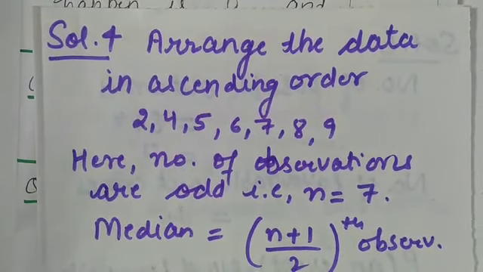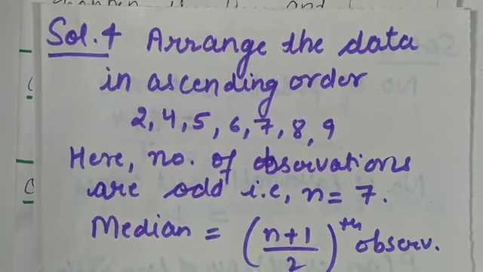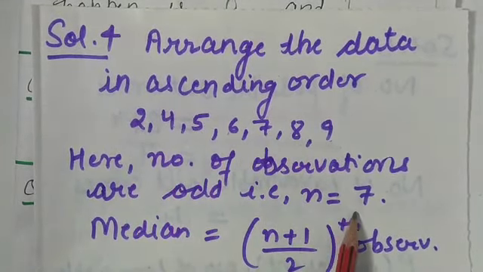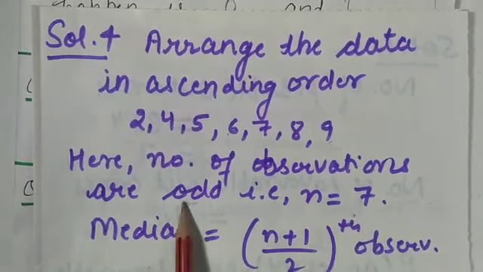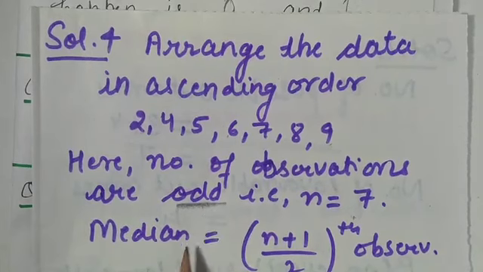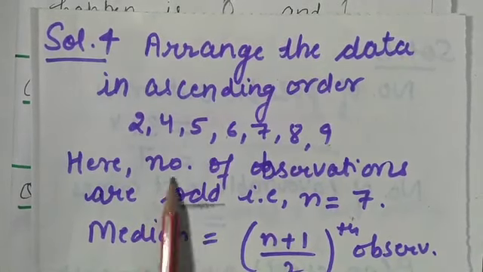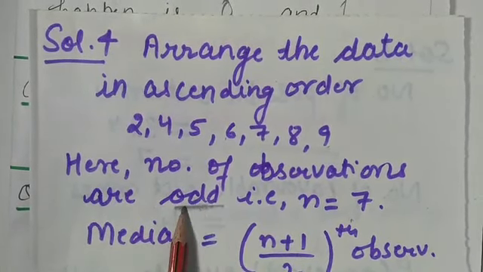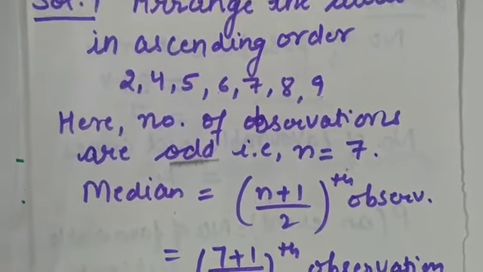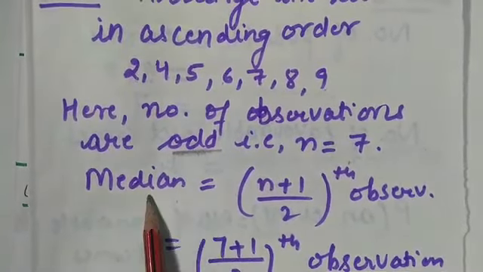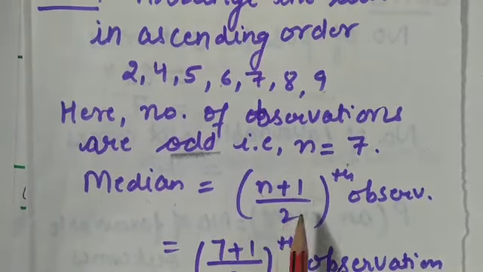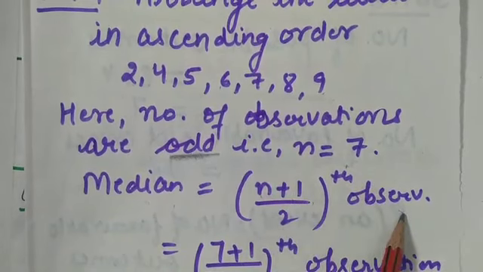Then second step, we have to count the number of observations. Here we have 1, 2, 3, 4, 5, 6, 7, so 7 observations, which is odd. We have learned two cases of how to find the median: when the number of observations is odd and when it is even. This is the case when the number of observations is odd. So how will you calculate the median? The median is given by the (n plus 1) by 2 th observation.